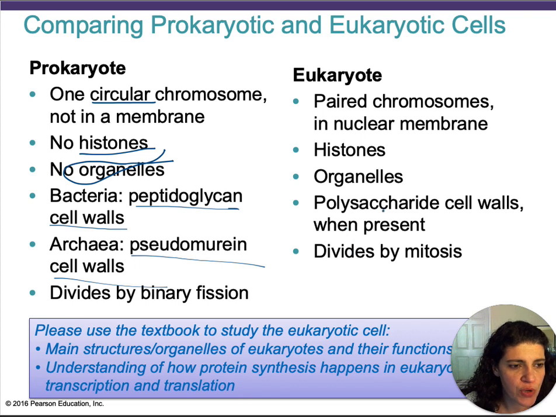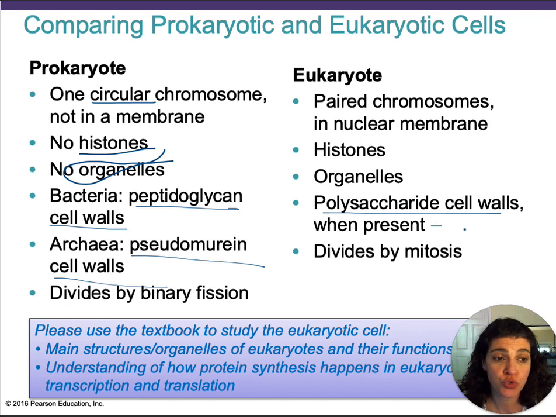When you compare to eukaryotes, you have polysaccharide cell walls when they're present, usually in plants, and chitin cell walls in fungi, right? Division here is by binary fission. Most of the division in eukaryotes is by mitosis, and we're going to add details later. So here I'm telling you what I want you to know about eukaryotes when you watch the videos, okay?